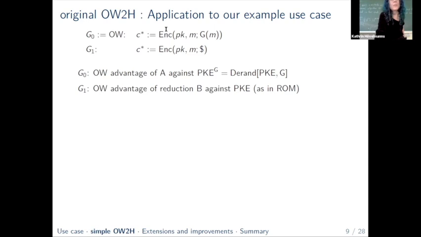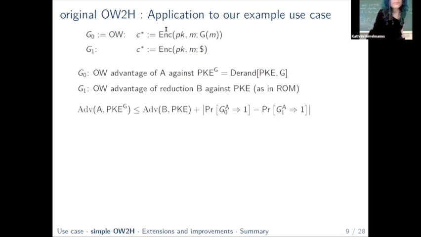In game G1, we use a probabilistic encryption, meaning that if A wins in G1, then the classical reduction we have just seen before, the reduction B, will also win. So what we already know is that the advantage of A can be upper bounded in terms of the reduction's advantage plus the distinguishing advantage between those two games.